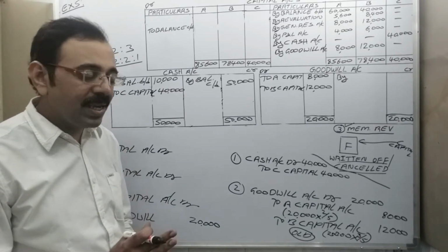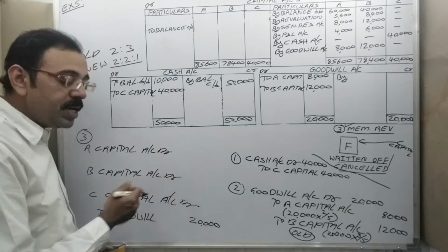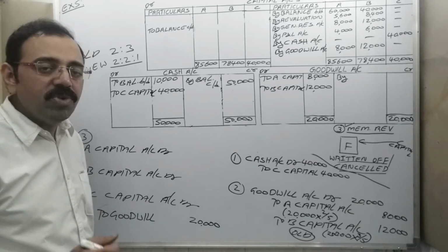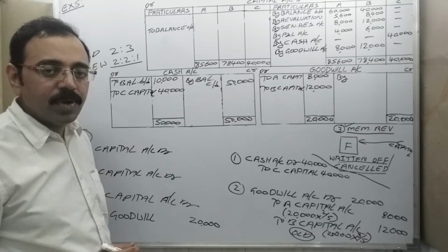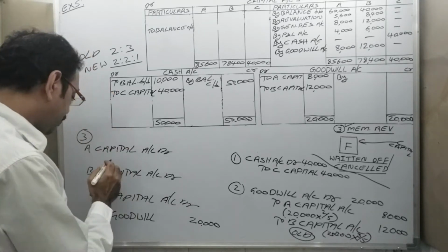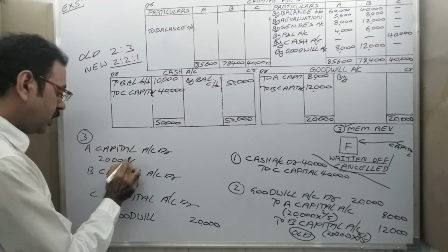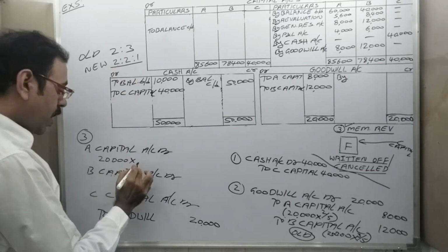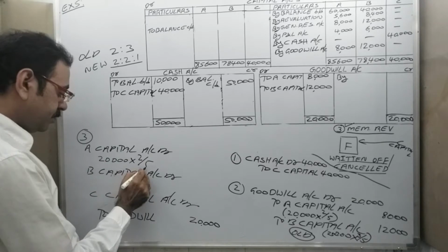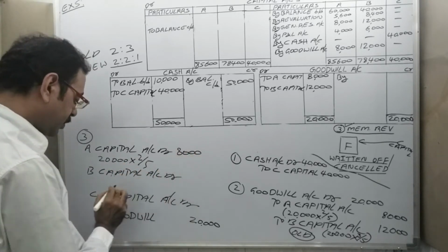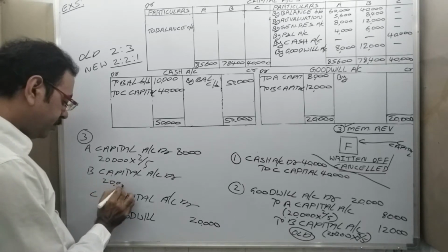Since the new ratio is given, directly we can calculate here. If the new ratio is not given in the question, then we should calculate it. Okay? Now, for A, 20,000 into 2/5. It will be 8,000. B also the same, no?